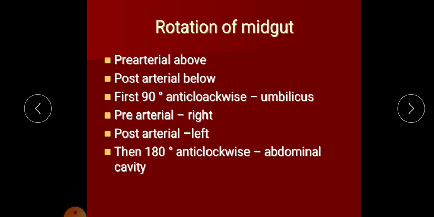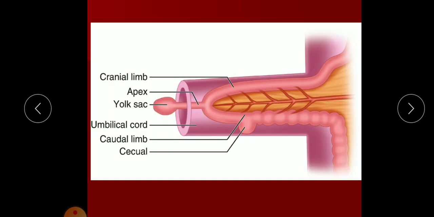Imagine a loop, you can take a wire and imagine a loop. With the loop in the center, you imagine the superior mesenteric artery. The pre-arterial is above, the post-arterial is below. Now imagine a 90-degree anti-clockwise rotation.